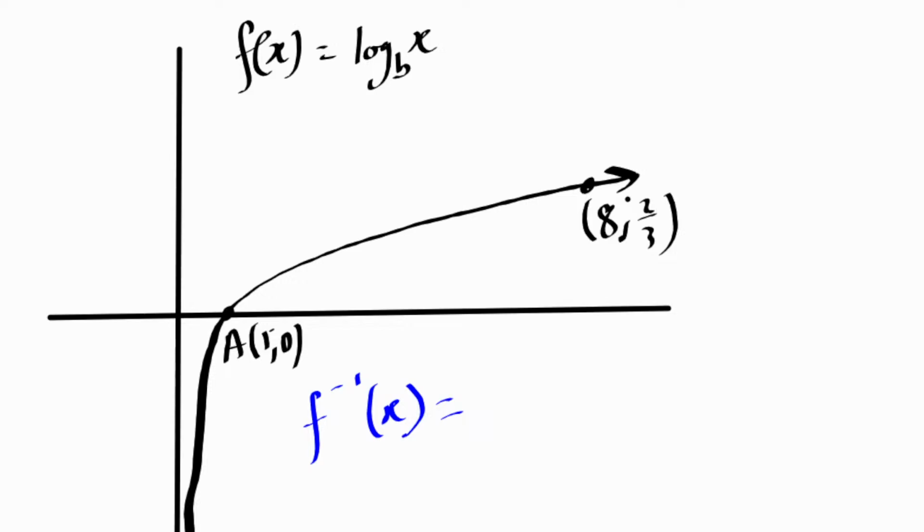Any taker? Okay, do you at least have an idea that the inverse has to be the exponential? Or is it because we don't know what b is? You can write it in terms of b. That's not a problem.